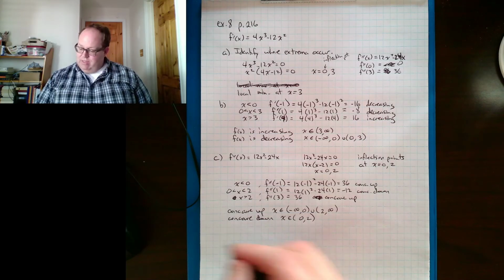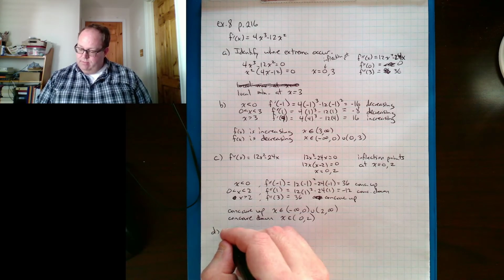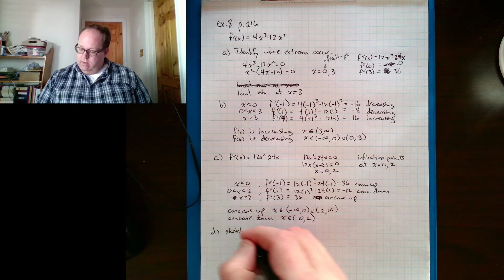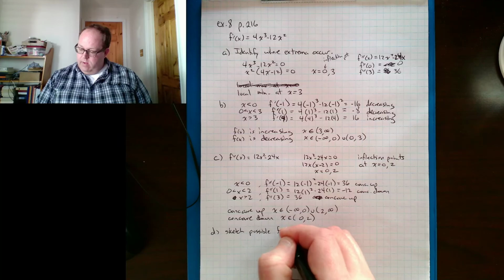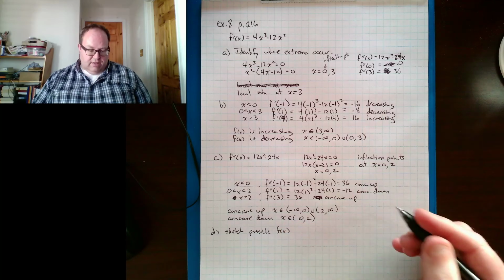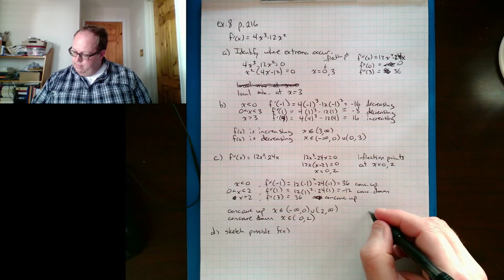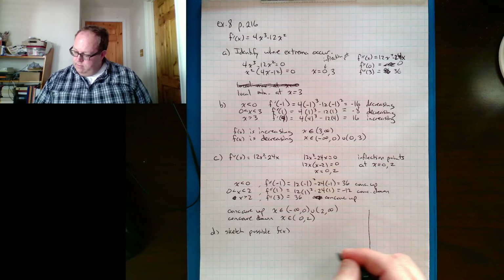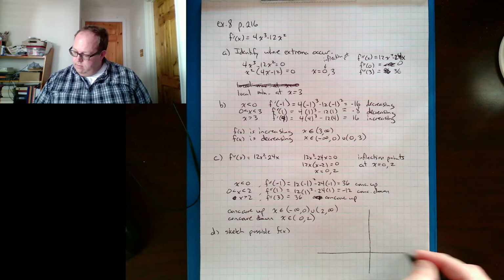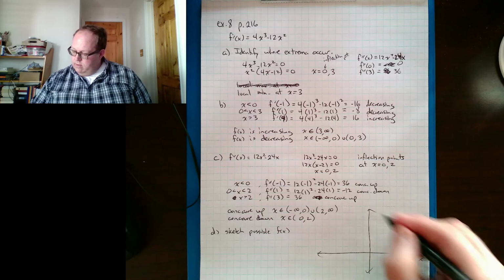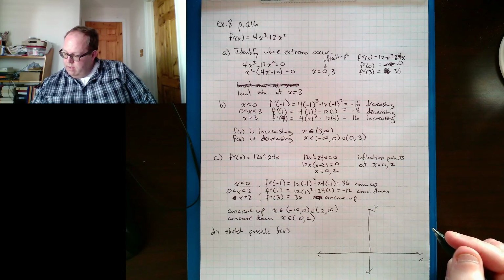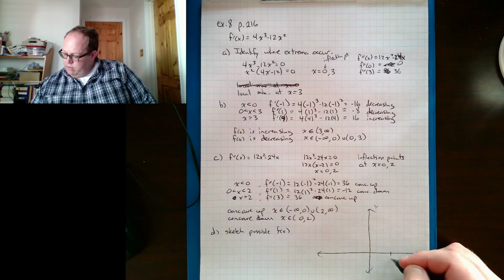Lastly, we're asked to sketch a possible graph of this thing, which has to take all these things into account. So what do I have? I have a minimum at x equals 3.